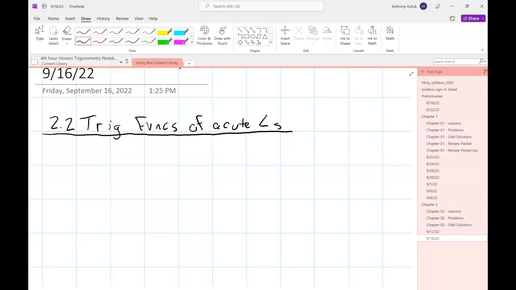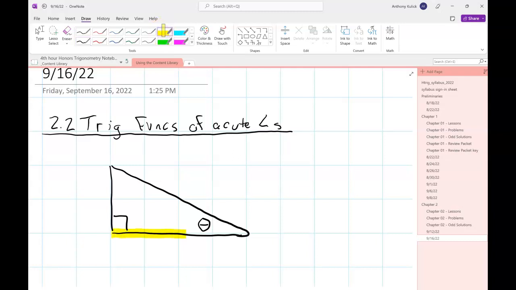Before we continue with that process, let's just rehash where we left off. So in geometry, we said, okay, if I have a right triangle with acute angle theta, relative to theta, this side is called the adjacent, and then the green side is called opposite, and the blue side is called hypotenuse.